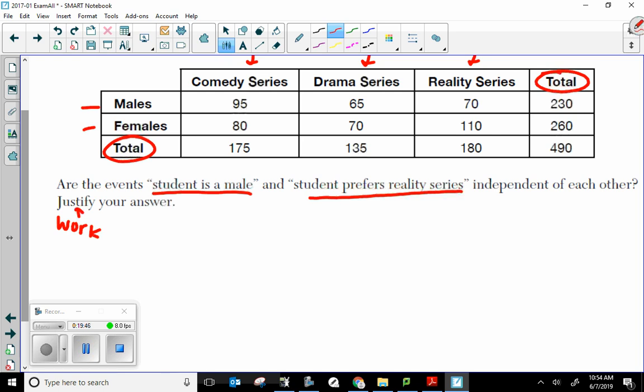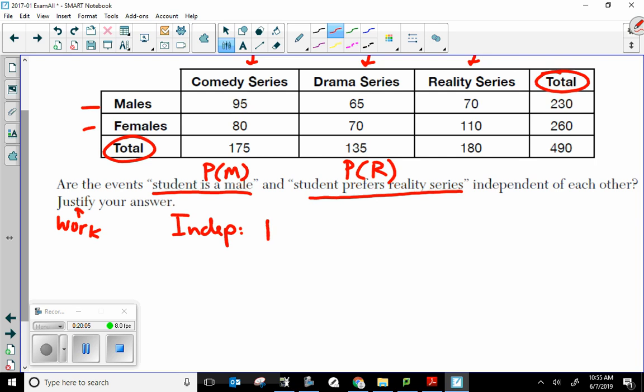There are 2 ways to prove independence, and I am going to use one of the 2 ways, okay? Let's call this the probability that a student is male. Call this the probability that a student prefers reality television, okay?